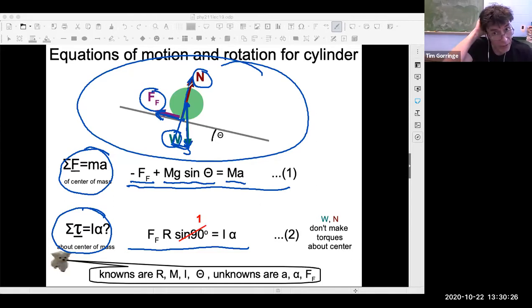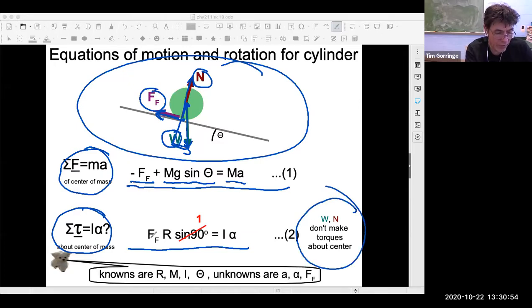So if you were to calculate the torque for the normal force, you'd be in the same situation as a potter's wheel. The normal force and the vector from the axis of rotation to where that force is exerted are at 180 degrees, opposite directions. And so sine of 180 is 0. So that normal force also creates no torque. And that's what I've denoted here.